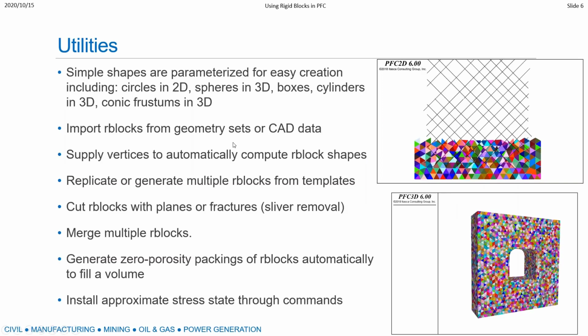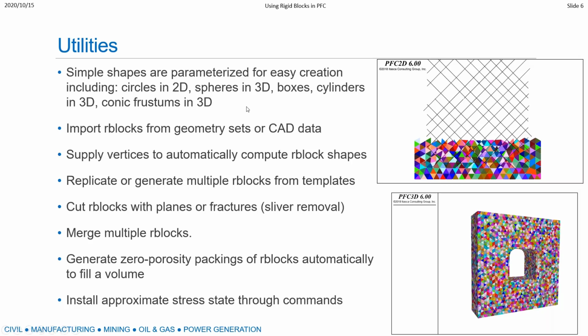So to do those shapes, we have a few utilities that are provided in PFC. So first, you can create simple shapes like spheres, circles, boxes, so parallelepipedic boxes, cylinders, or cones in 3D.